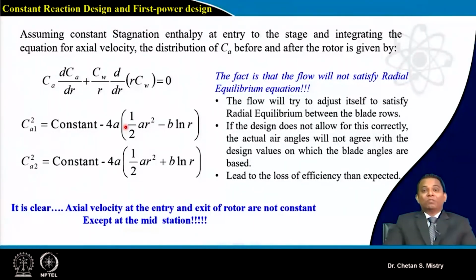So that's the reason why when we say we are adopting my constant reaction design, it is not satisfying the radial equilibrium equation. And if it is not satisfying our radial equilibrium, we have more challenge in what we are doing.